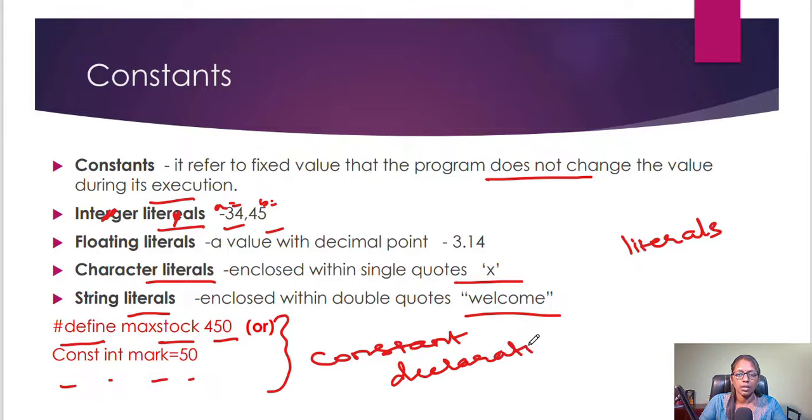In a program, you can declare constant values in this procedure, using hash define and variable name value. That is one form, and another one is const int, that is a data type, and variable. Const is the keyword here: const int mark equal to 50. So this is another way to declare the constant data type.